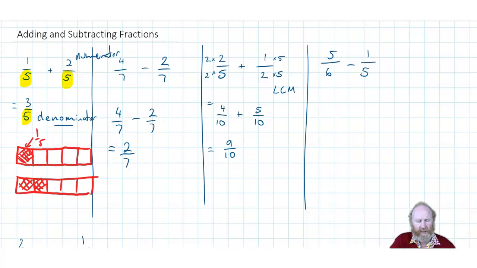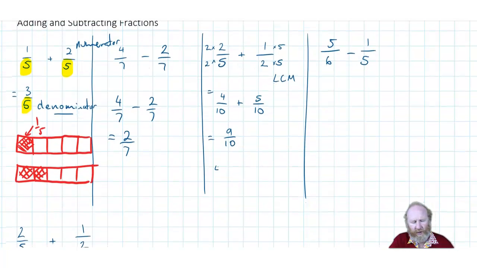For instance, if I had a fraction with a 4 at the bottom and a 6 at the bottom, multiplying would give me times by 6 here and times by 4 here, 24. But the lowest common multiple of 4 and 6 is 12. I'll get the smallest numbers possible out of this by multiplying the 6 by 2 and the 4 by 3. I should be looking for the lowest common multiple every time.